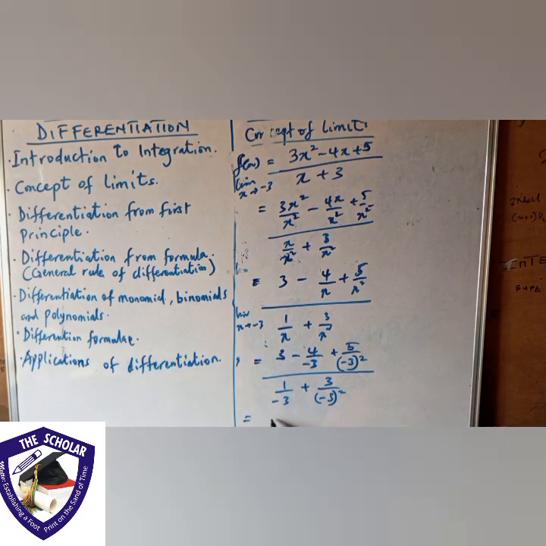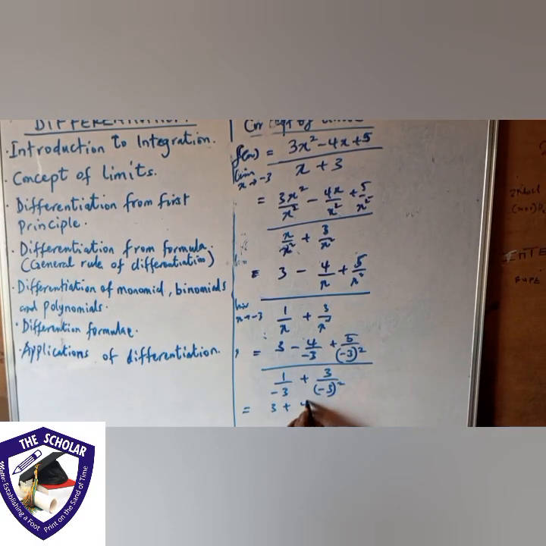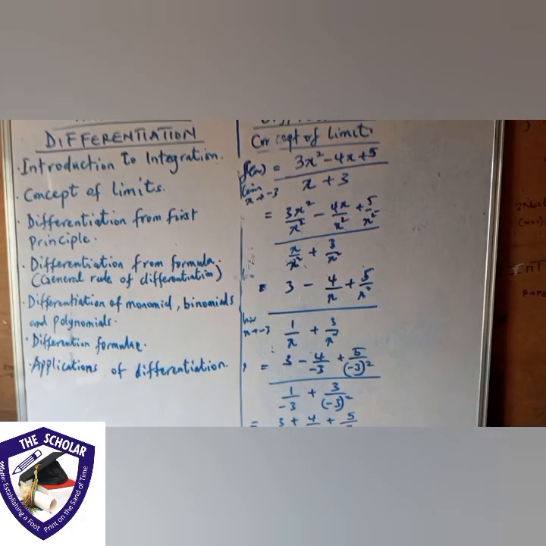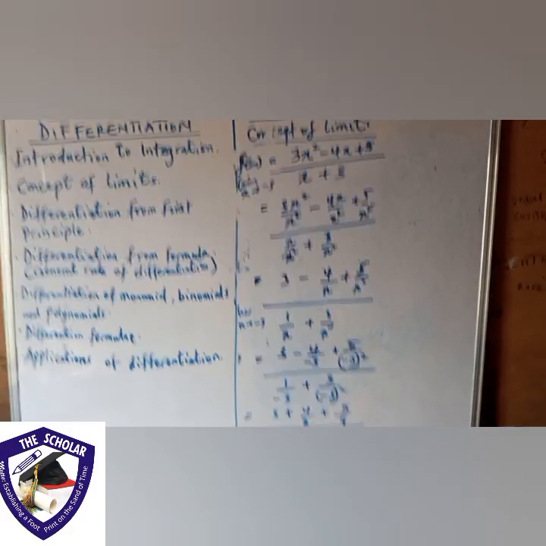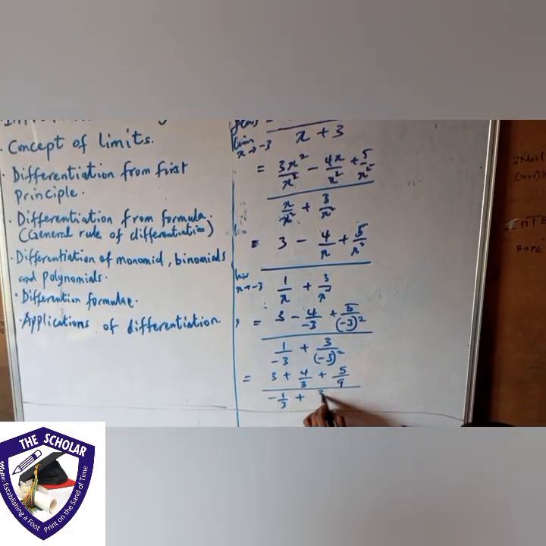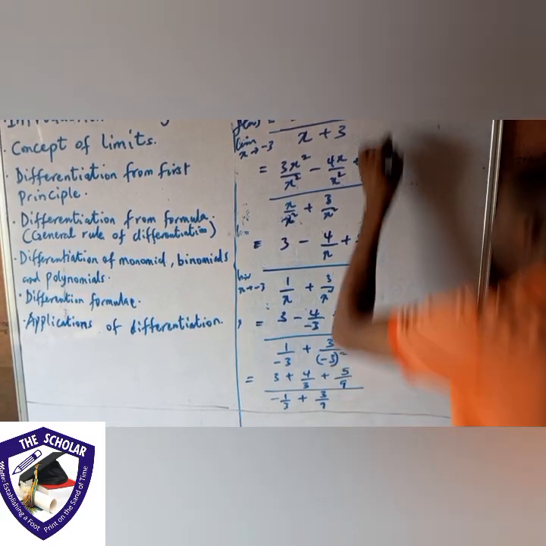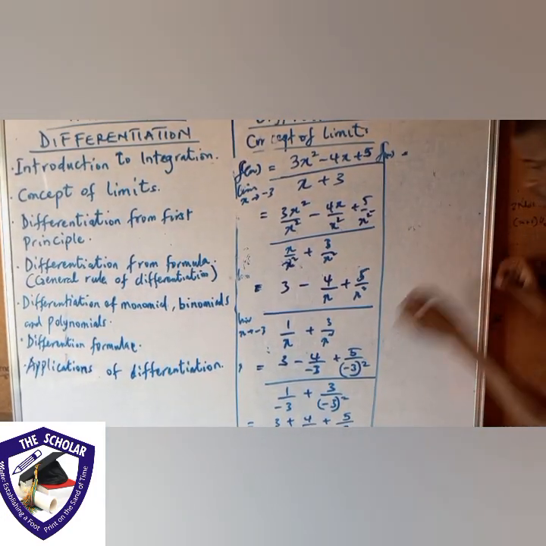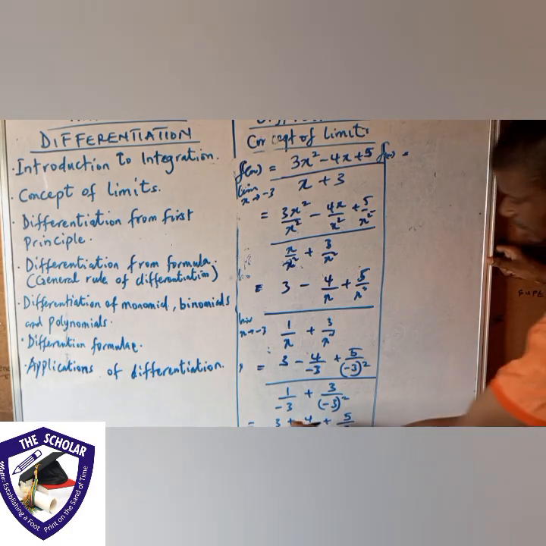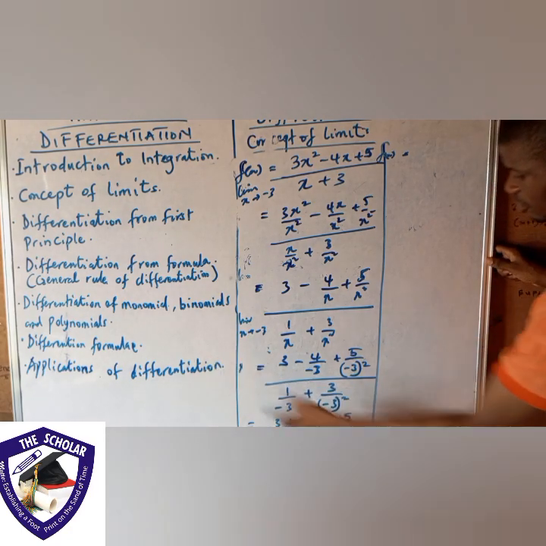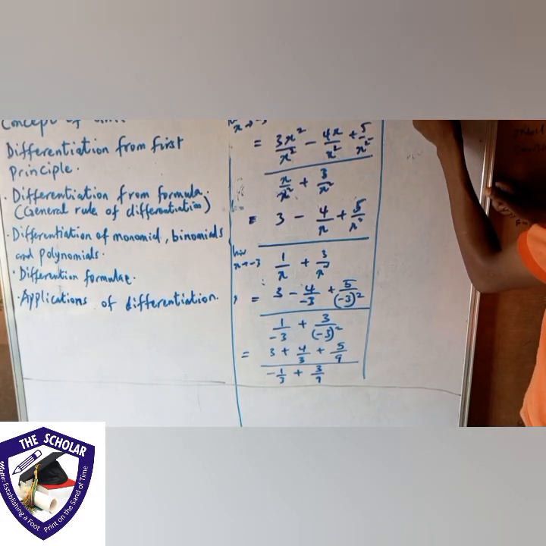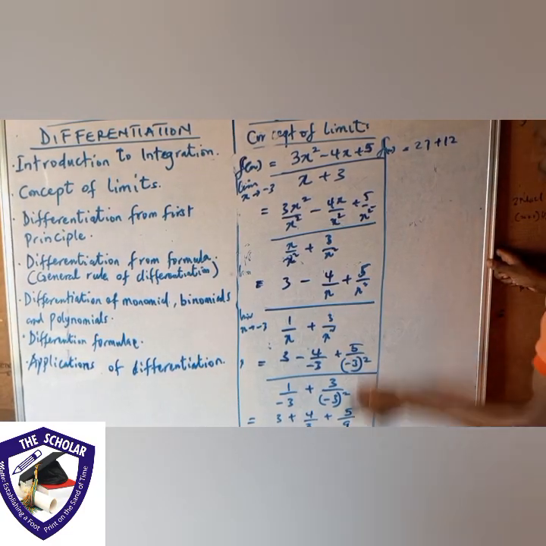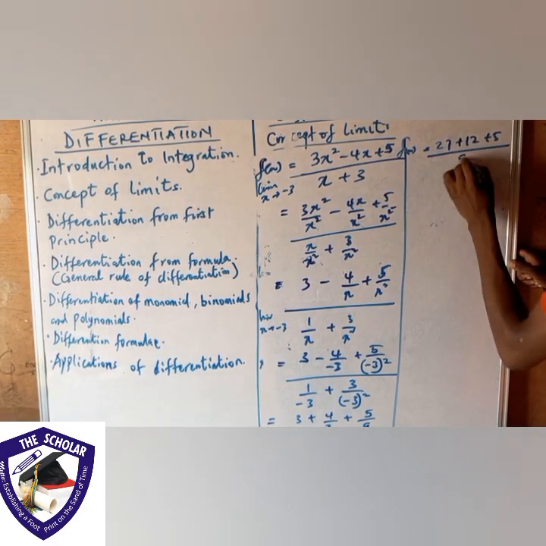And that translates to 3 plus 4 over 3 plus 5 over 9, divided by minus 1 over 3 plus 3 over 9, since minus divided by minus gives plus. In the numerator the LCM is 9, so if you multiply all through by 9, this will give 9 times 3, 27, plus 3 times 4, 12, plus 5, divided by 9.